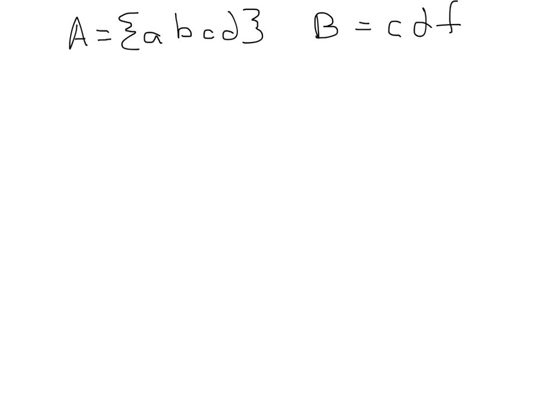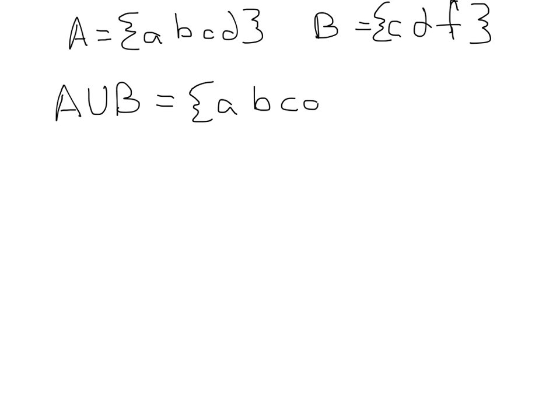Alright, so previously we had the following sets. We had A, which was lowercase a, B, C, and D. And we had B, which was C, D, and F. And we saw that A union B had A, B, C, D, and F. Now notice the union has 5 elements.